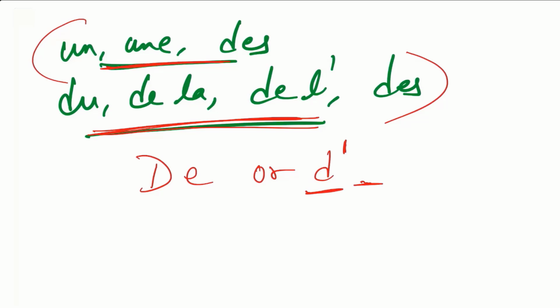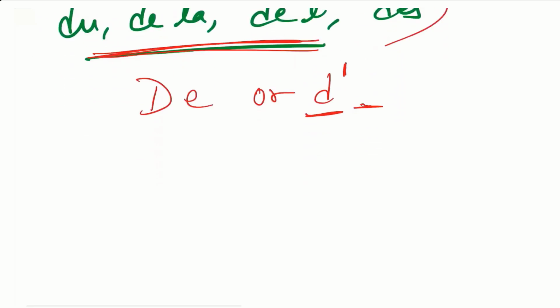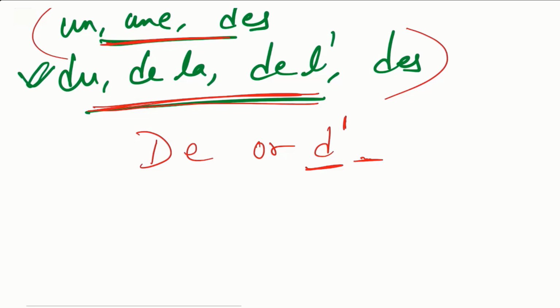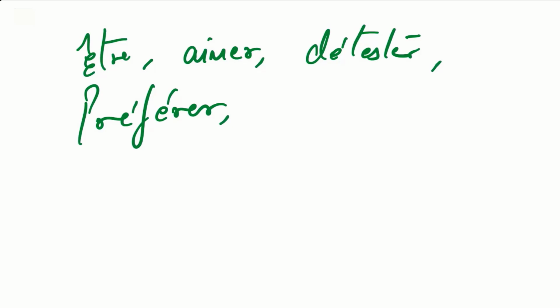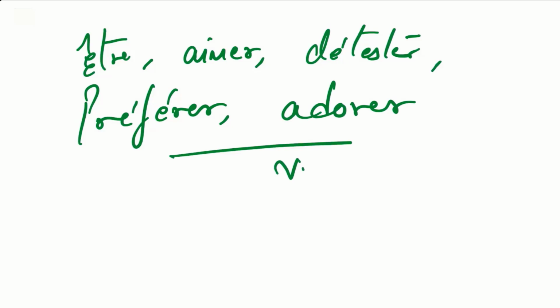But this rule I'm talking about won't apply if in the sentence être, aimer, détester, préférer, adorer, these verbs are there, or if definite articles are there in the sentence.